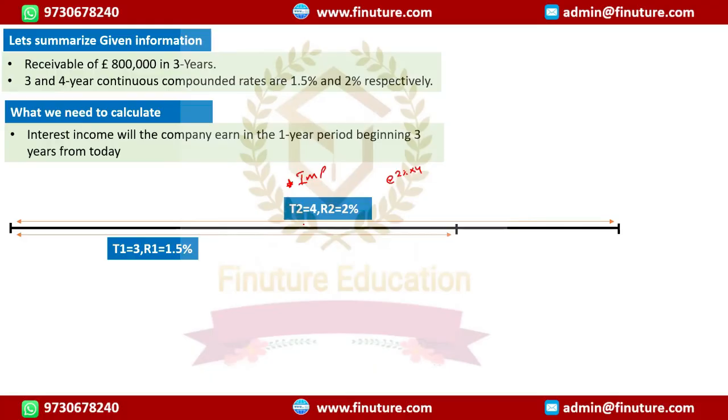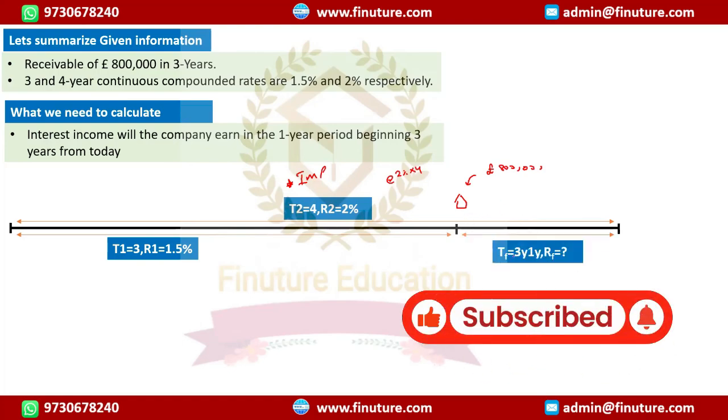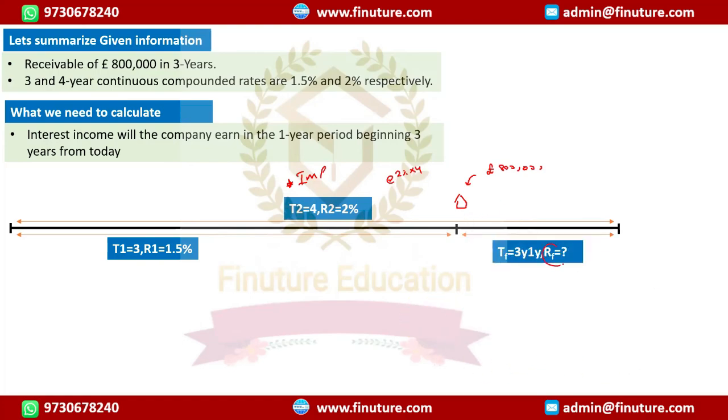Now, at this point, this insurance company is going to receive 800,000 pounds, which they will invest for this 1 year. How this 1 year rate would be calculated, we will see in a while.